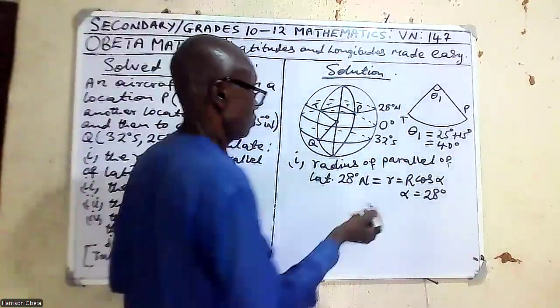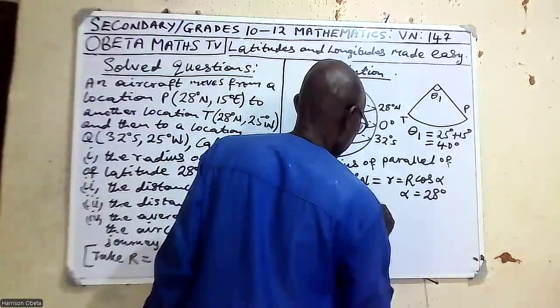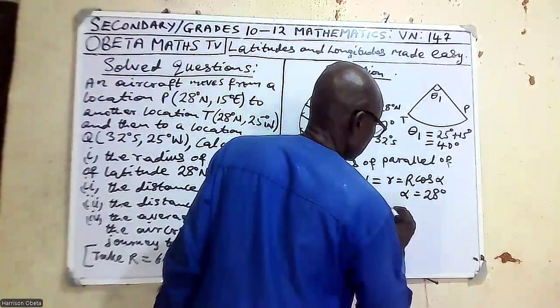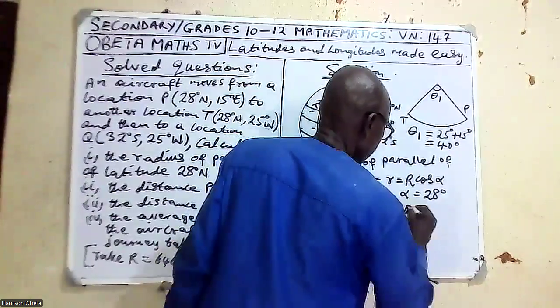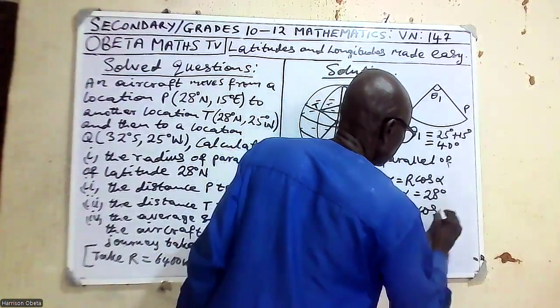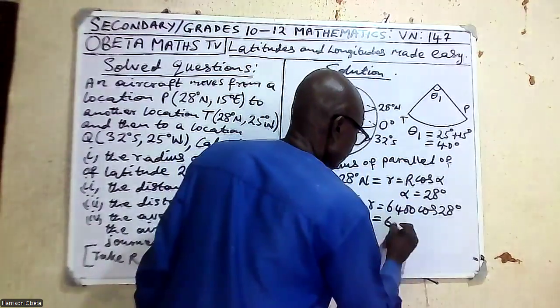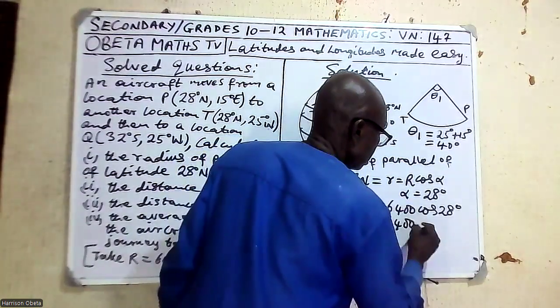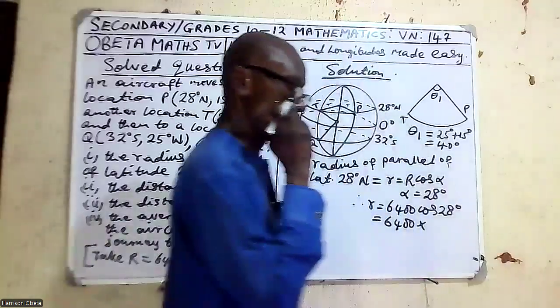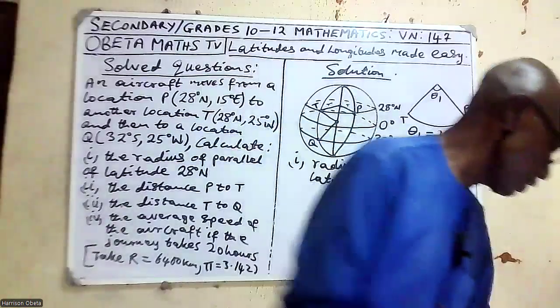Therefore r is equal to 6,400 cos 28 degrees. That is 6,400 times, you look for cos 28 degrees.